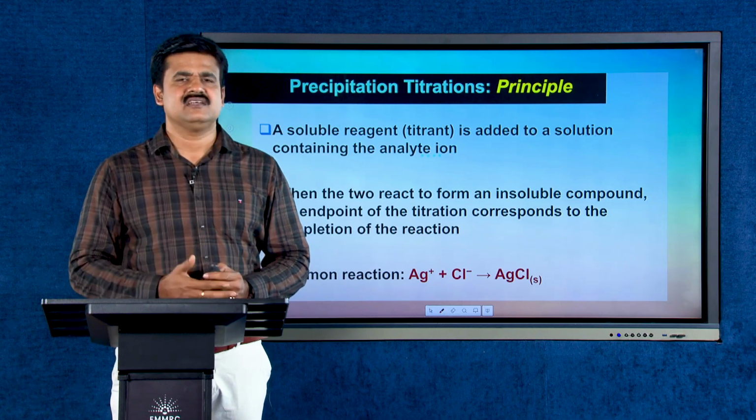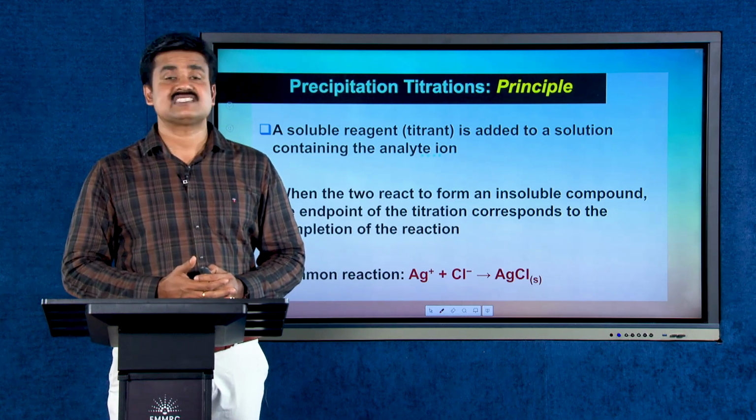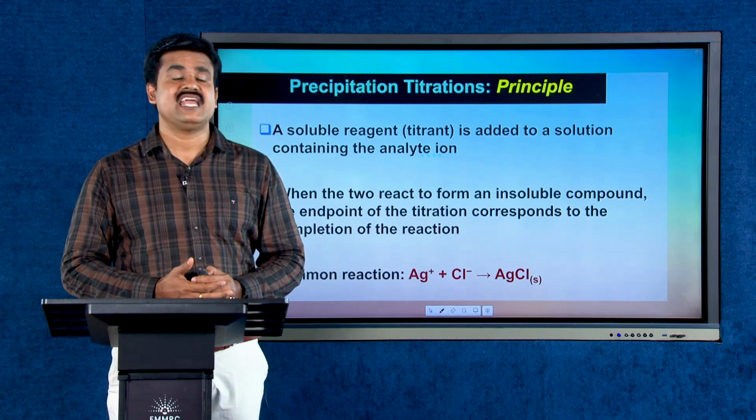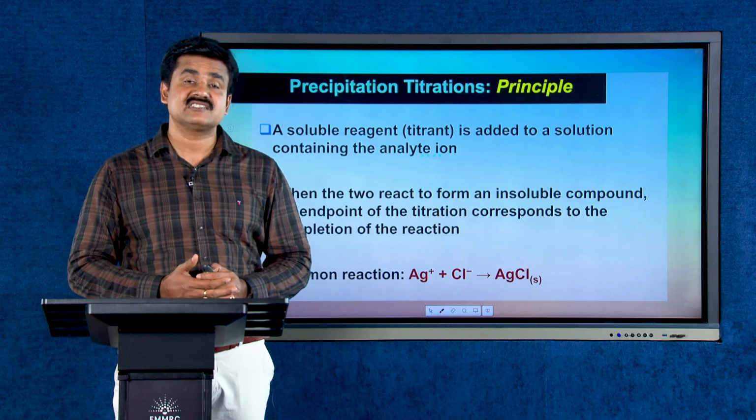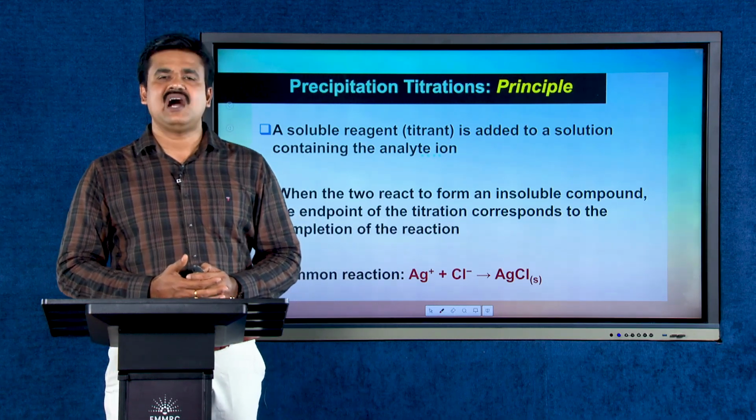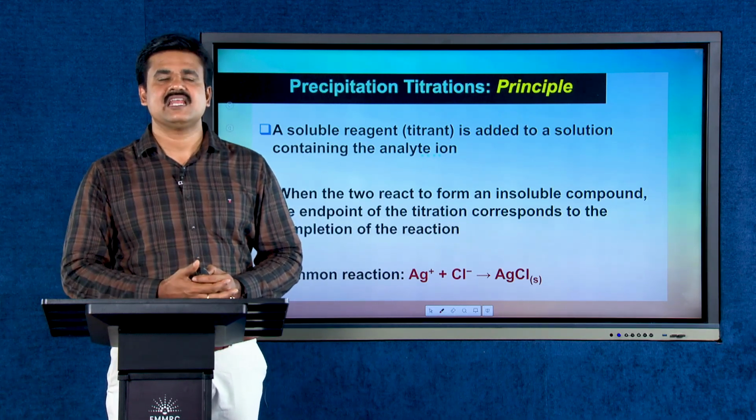You are familiar with the AgCl precipitate, which is a white curdy precipitate soluble in NH4OH. Since it is a precipitate, it is sparingly soluble or practically insoluble in water. You have a solution containing Cl- ion.